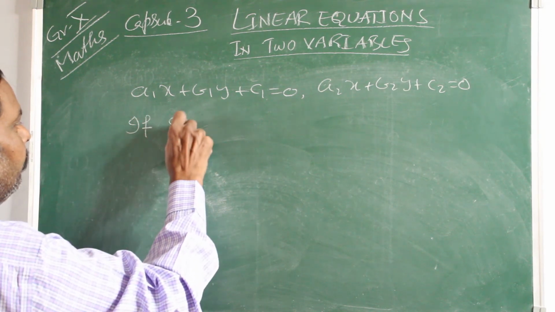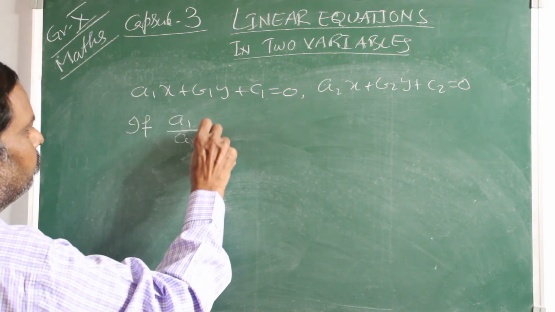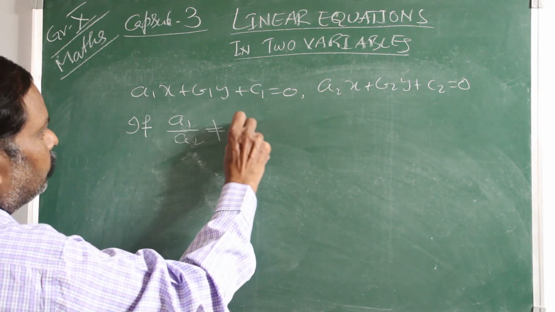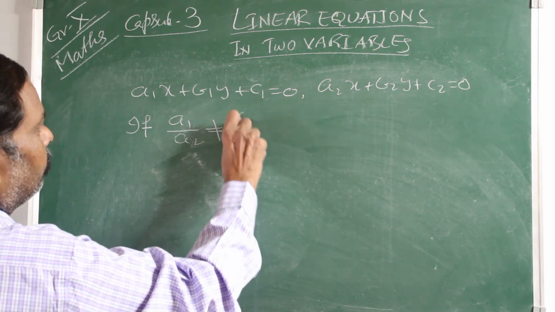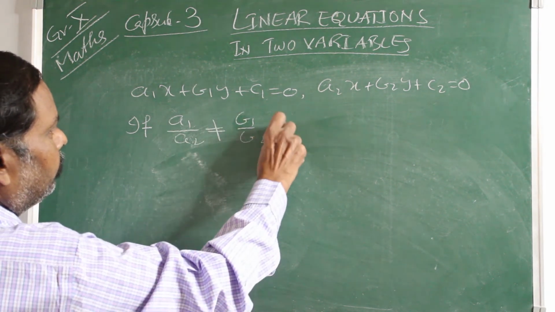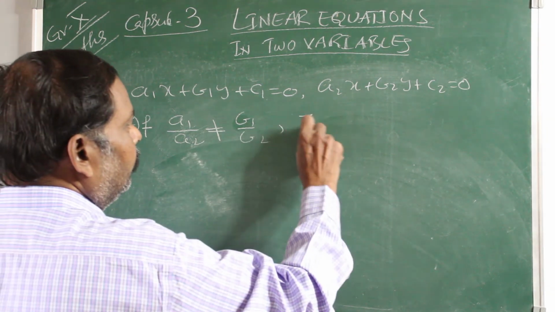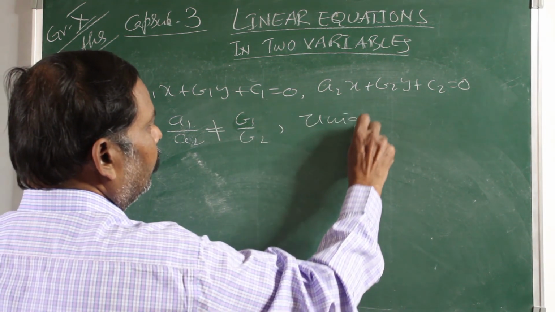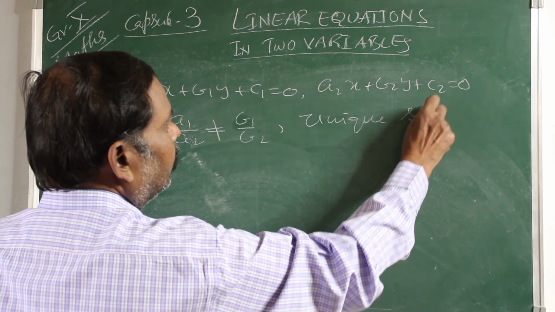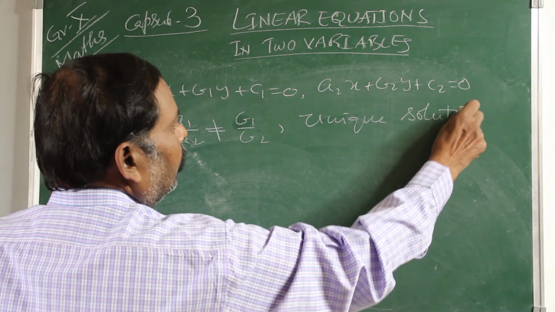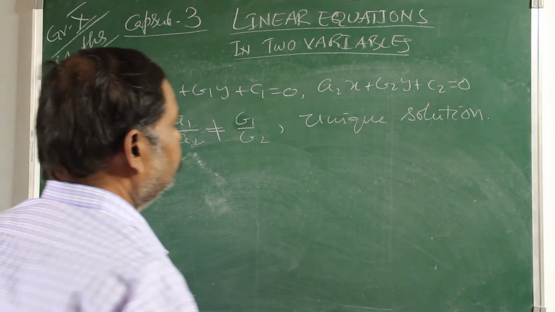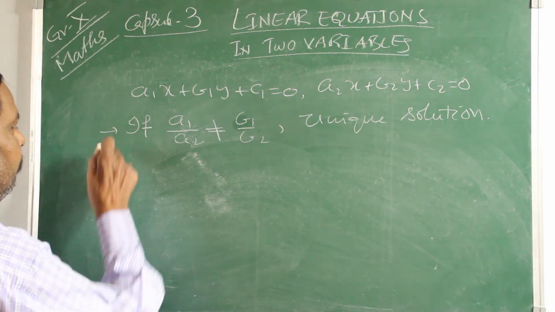If a1 by a2 is not equal to b1 by b2, you have a unique solution. This is the case 1.